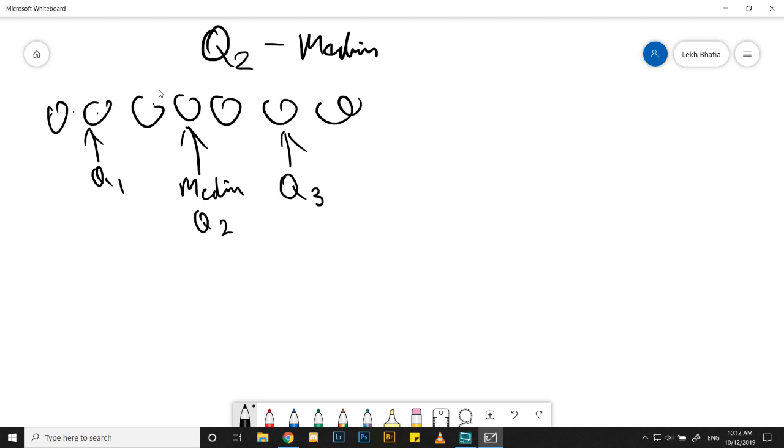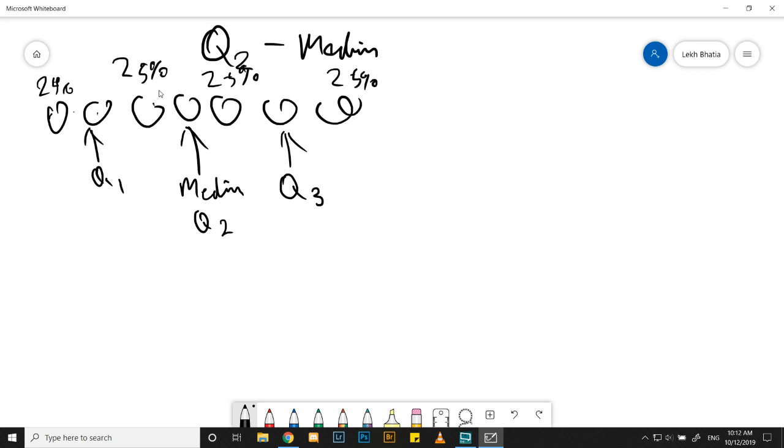Using this, we can structure a few different things. First, we know that 25% of the data is between each of these quartiles. So 25%, 25%, 25%, and 25%.